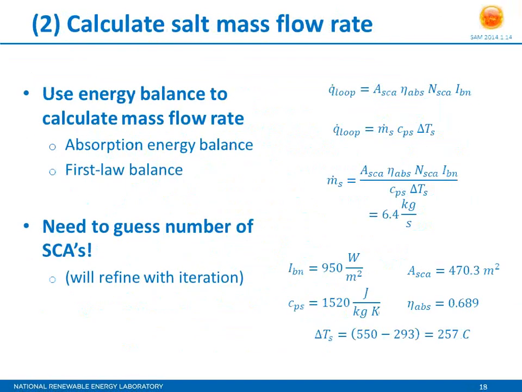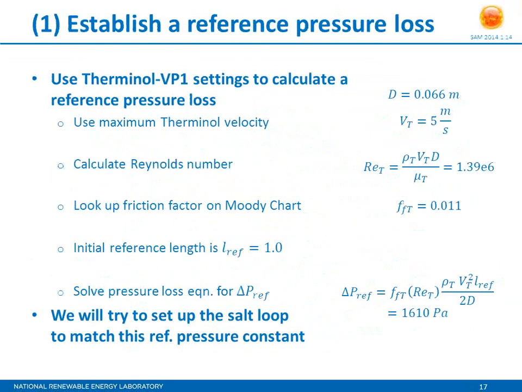What we're trying to do here is basically scale the length of this loop up or down. In this case, it was handy to set a reference length of 1, so that we simply multiply the number of SCAs by this reference length to give us a scaling up and down. So it was mostly set to 1 as a handy thing.